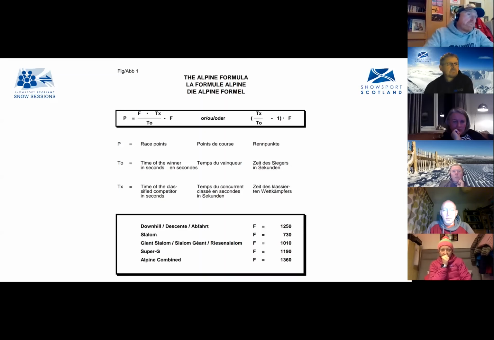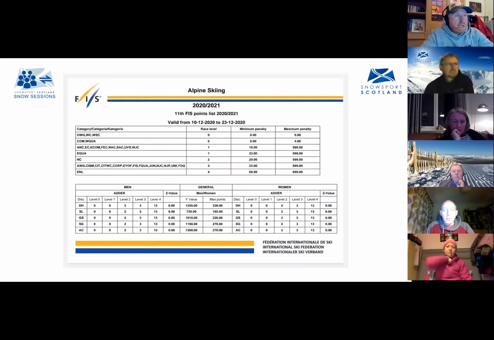If we could go back one slide, actually. A number of the things that are dropped into the penalty calculation are in this one page here. Does anybody on here know where this comes from? This document you'll find on the front page of every FIS points list, and it's very useful.